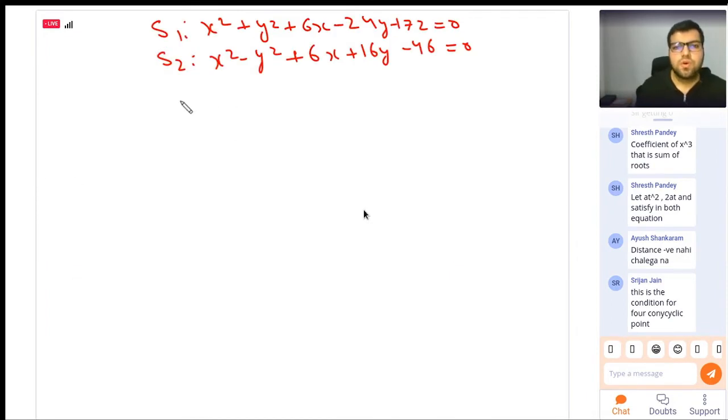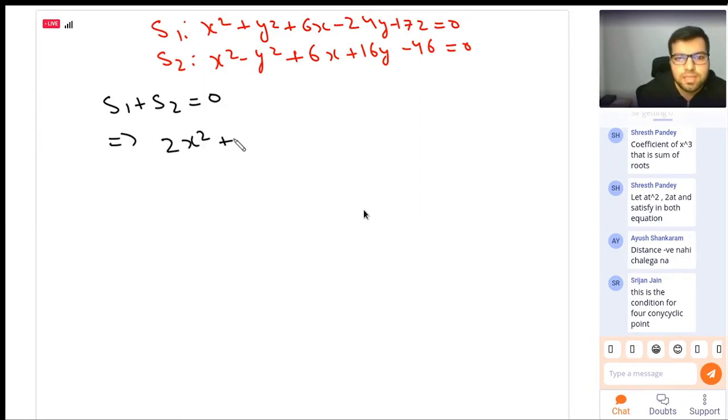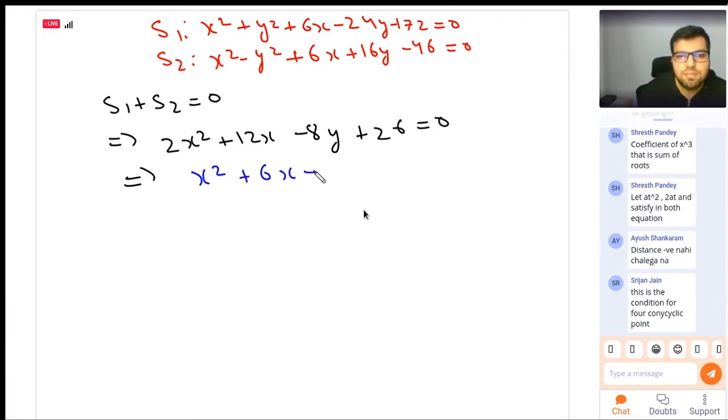So first I will find S1 plus S2 equals 0. What is this giving to us? This will become 2x square plus 12x minus 8y plus 26 equals 0. You take 2 common, then this will become x square plus 6x minus 4y plus 13 equals 0.